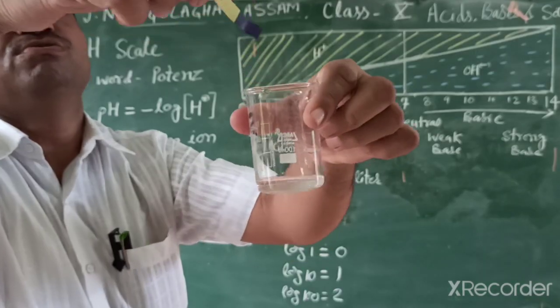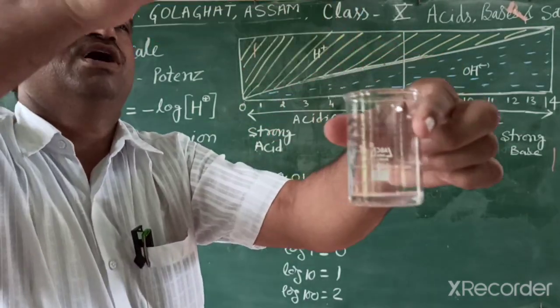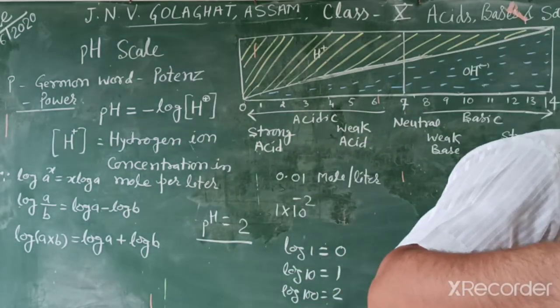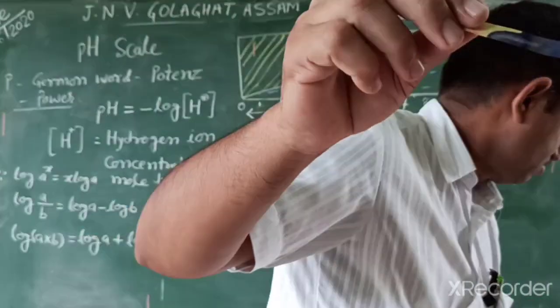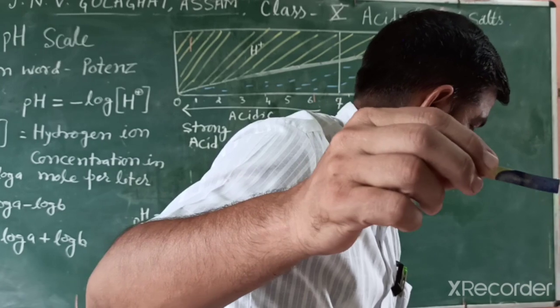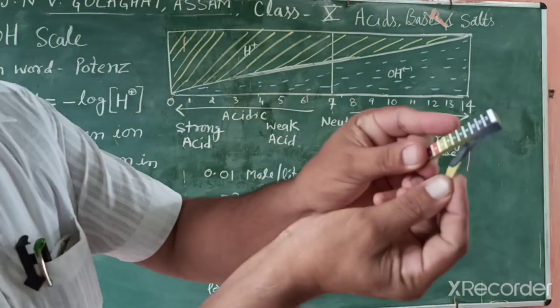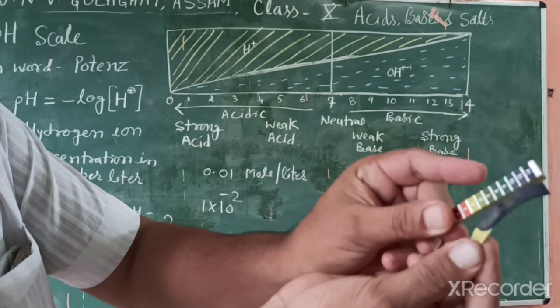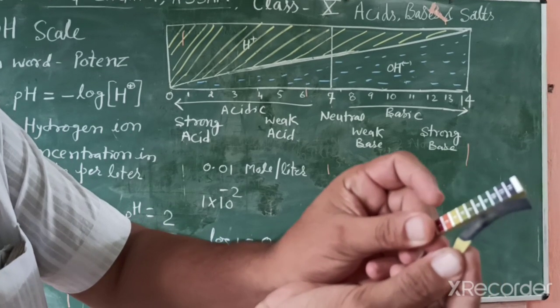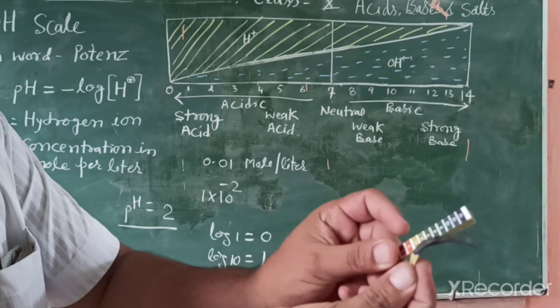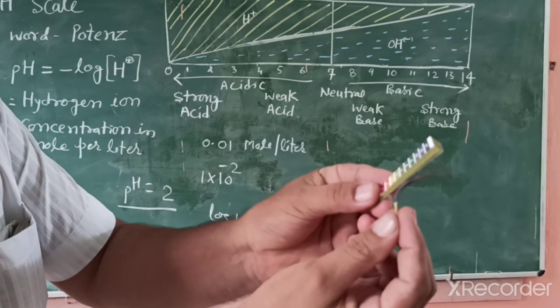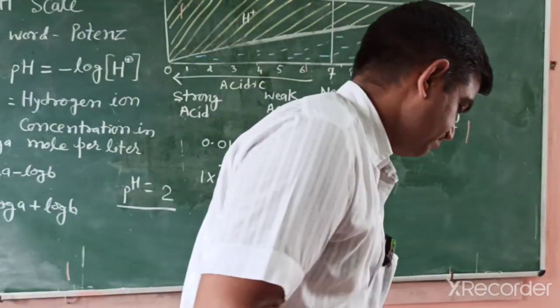It turns into dark blue color. So when we match, this is a strong base and its pH is near 14. So we can confirm sodium hydroxide is a strong base.